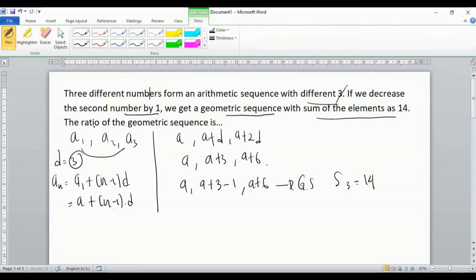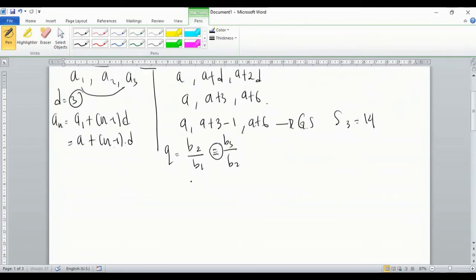So they told us about the ratio of the geometric sequence. Remember, the ratio is equal to B2 over B1, which is equal to B3 over B2. Like I said before, you need to make them equal. So B2 is A plus 2, because 3 minus 1. B1 is A. And B3 is A plus 6 over B2, A plus 2, right?